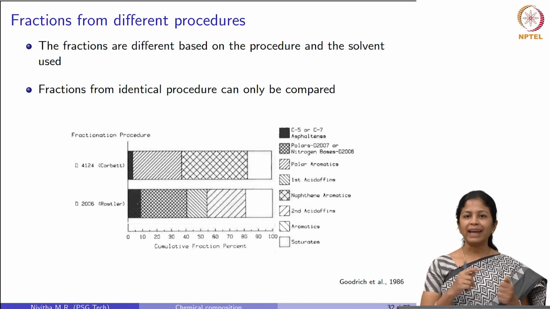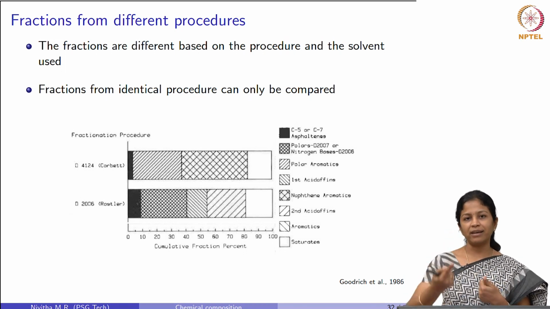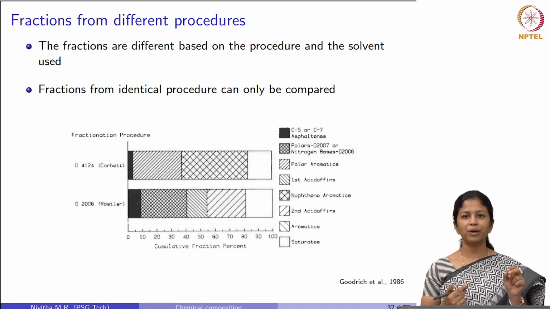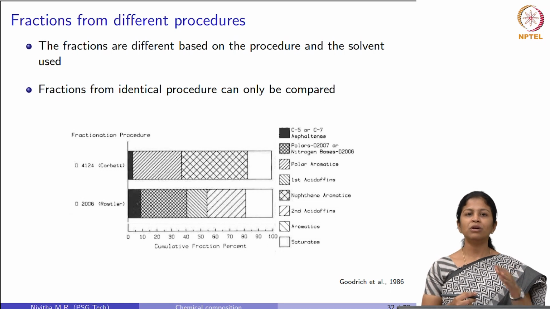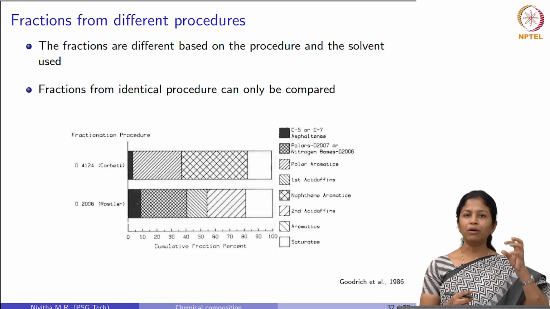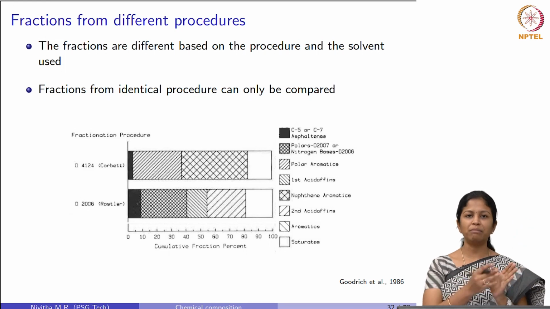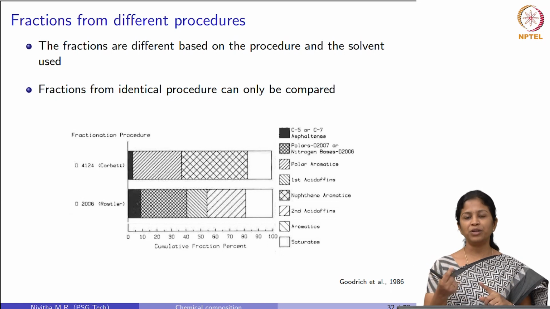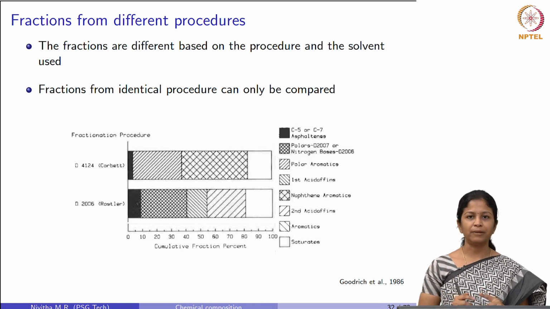So, we said N-heptane has higher strength to dissolve the components. So, the amount of asphaltene fraction here will be very less compared to the use of N-pentane. So, the amount of asphaltene we get in the case of N-butanol as a solvent will be high compared to the percentage of asphaltene we get when you use N-heptane as a solvent.